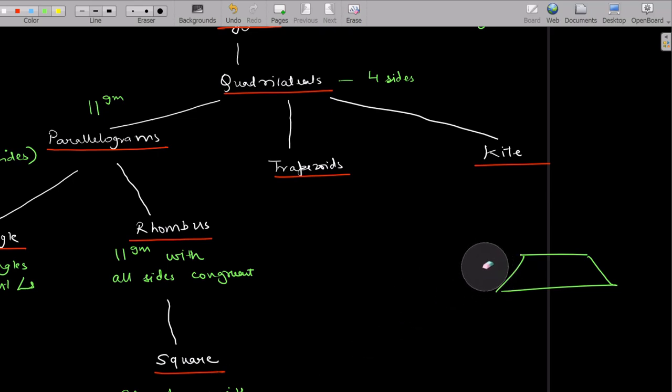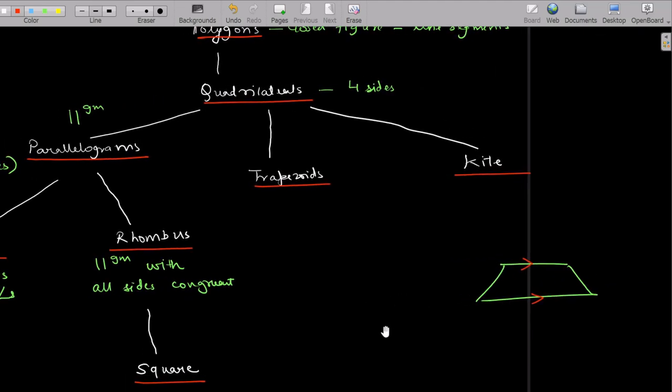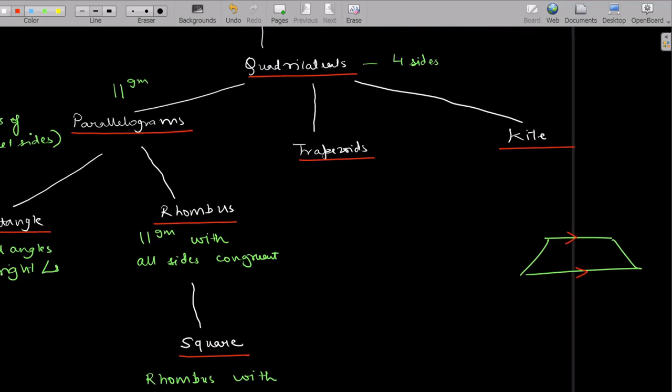Yes, that's the definition of trapezoid. In a trapezoid there will be only one pair of parallel sides. In a parallelogram we had two pairs of parallel sides. In trapezoids we'll have one pair of parallel sides. So we will write this here: one pair of parallel sides.